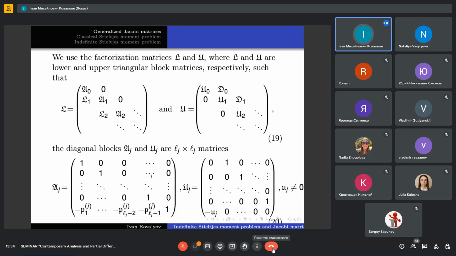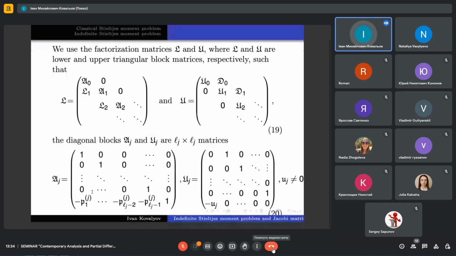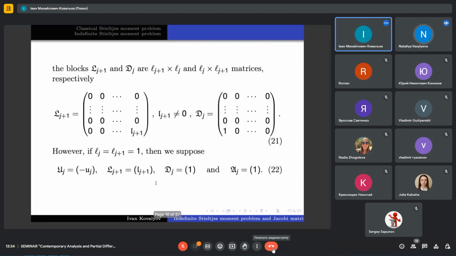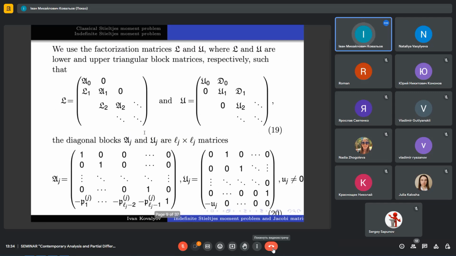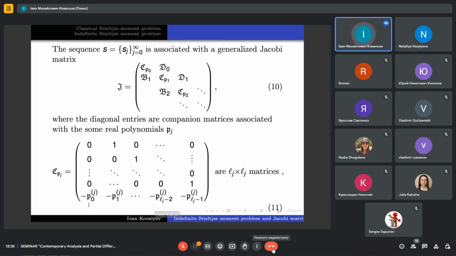If you see, we use two matrices, L and U. And in these matrices we have some parameter. Other coefficients we find by matrix J.